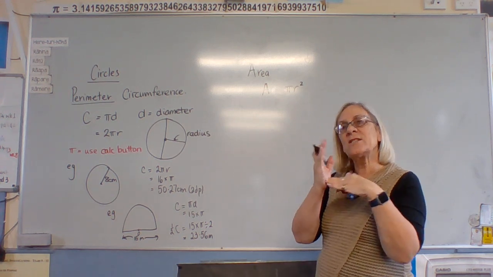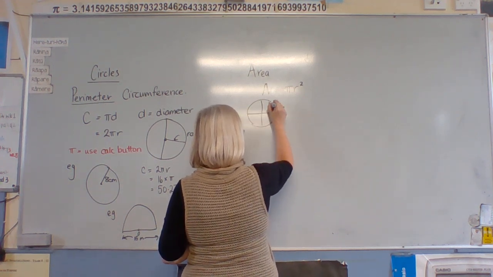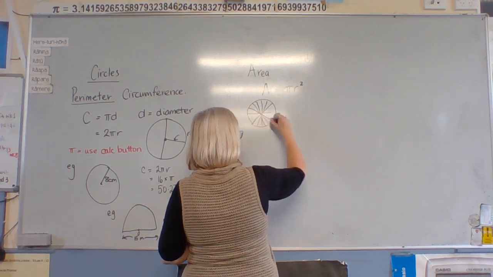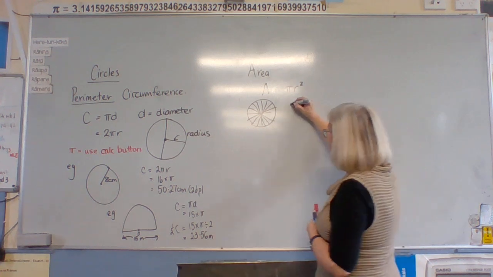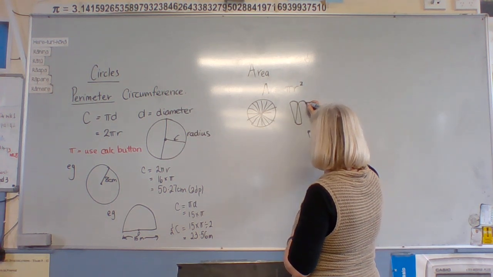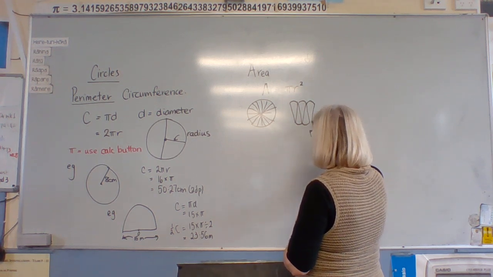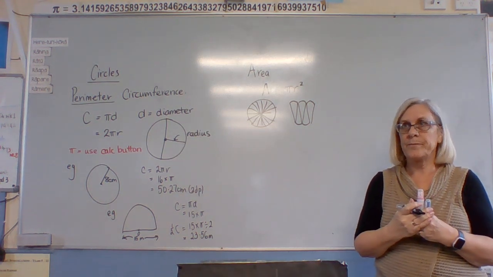So if we take a circle and we cut it up into as little slivers as we can go, like this, with scissors, then we stick it all together, we get this picture, which the smaller we cut the slivers, the more it looks like a rectangle.